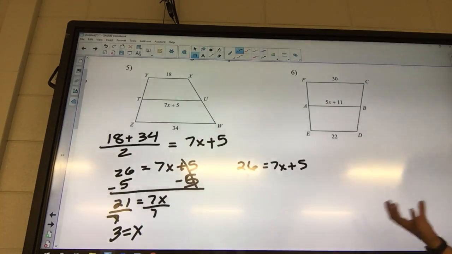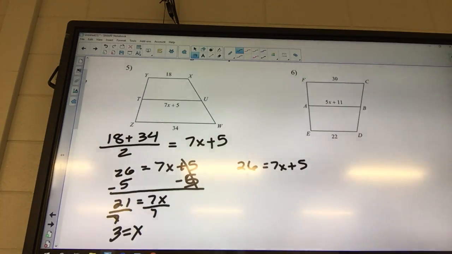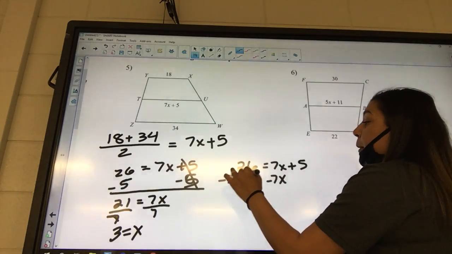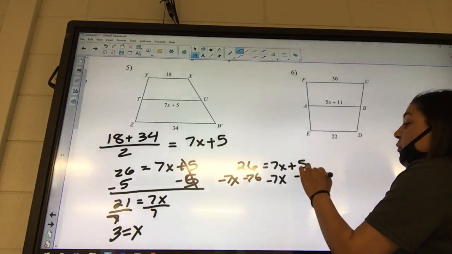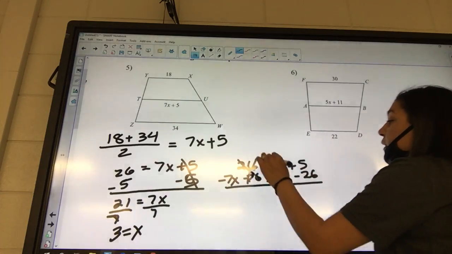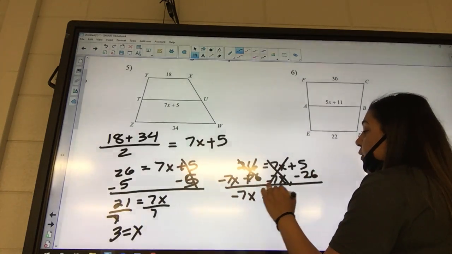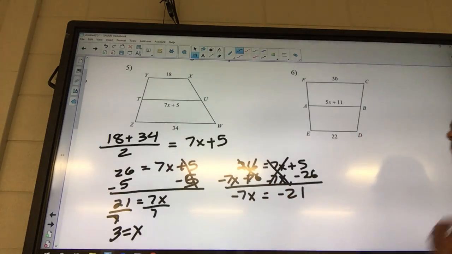On this one, if you chose to move your letters to the left and the numbers to the right, you're going to have to say minus 7x, minus 7x, minus 26, minus 26 in order to move everything around. So I'm going to have negative 7x equals negative 21.